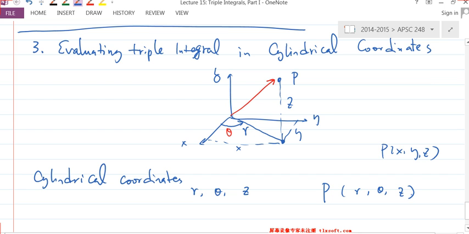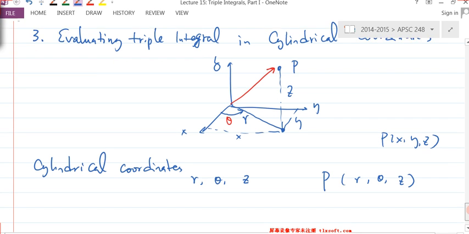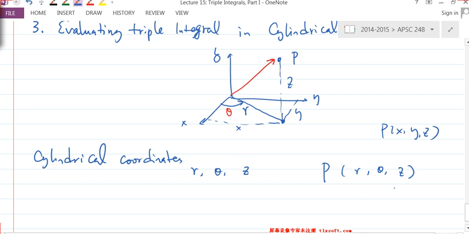Is that good? Of course, you can see now, what's the difference between cylindrical and polar? Polar is 2D, and cylindrical is 3D. The only difference is that r, theta is the polar part, and the z is the 3D component here.